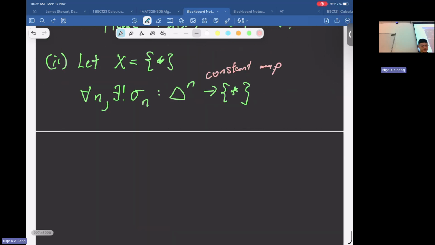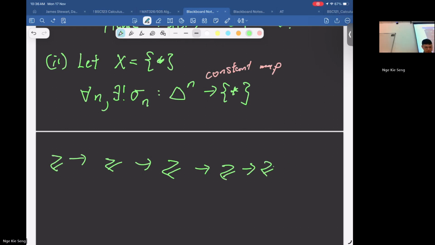So in this case, what you get is Z all across. Okay, this is the chain complex you get. I think we also stop at 0 because there's no delta negative.